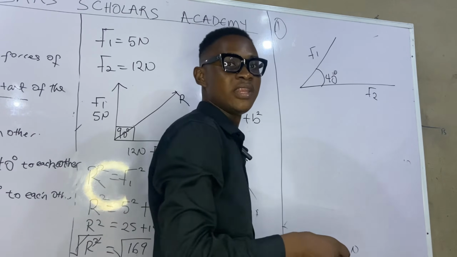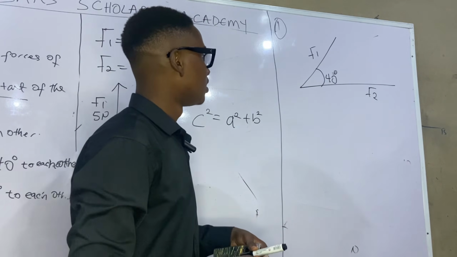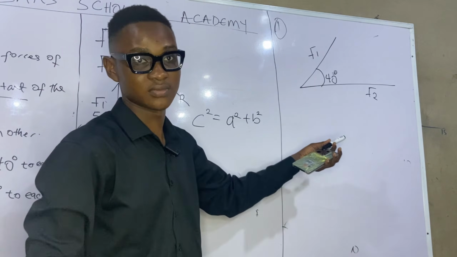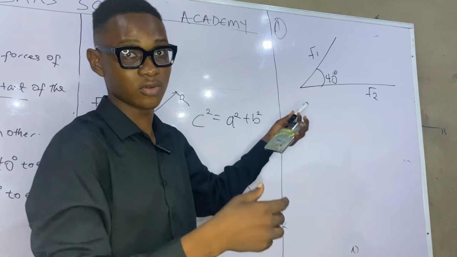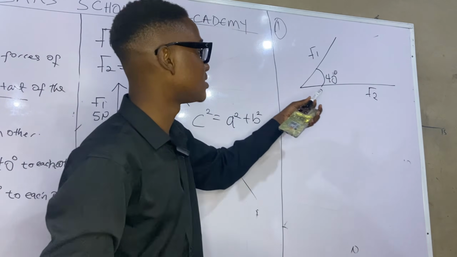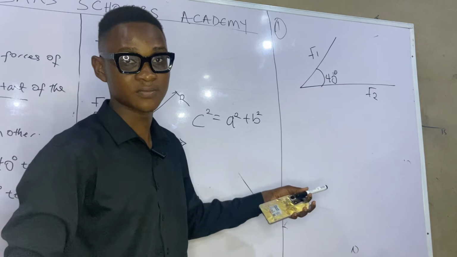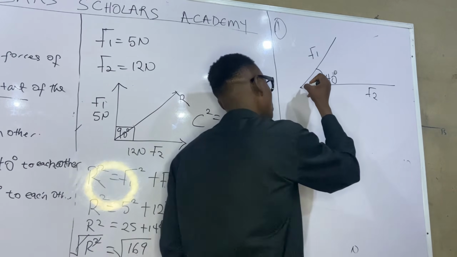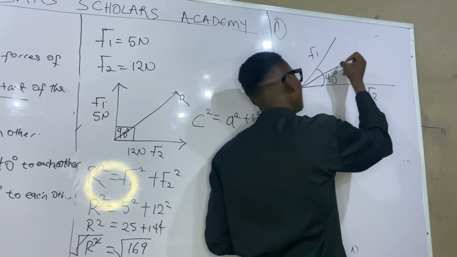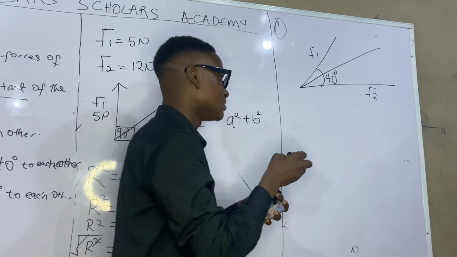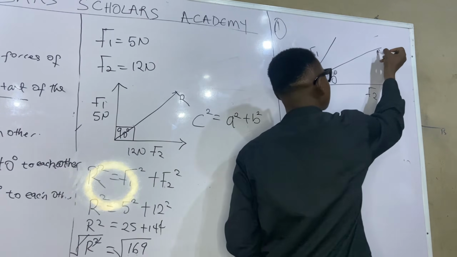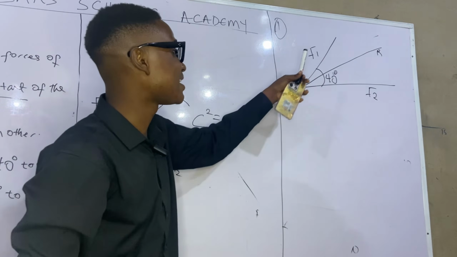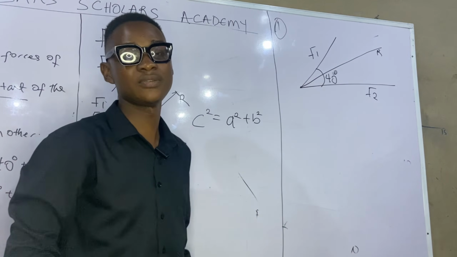Now, the parallelogram law of vectors basically says that if two forces, or two vectors, are acting together at one point, the diagonal drawn from the intersection of the point where they are acting is the resultant, and is equal in magnitude and direction to these two forces acting together.